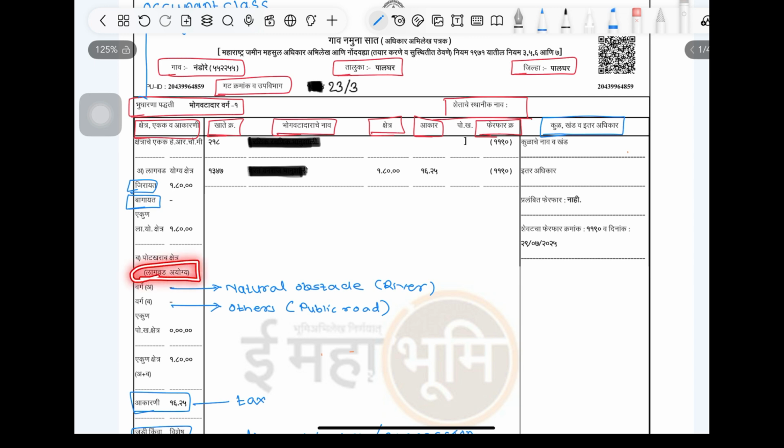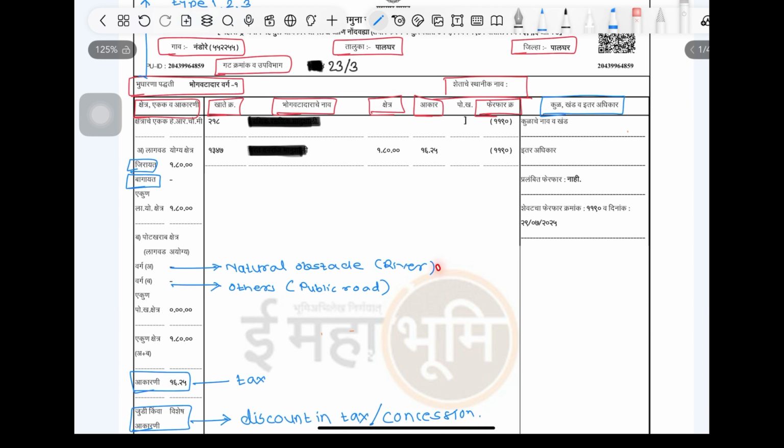It also has 2 types, A and B. A in the sense if the river passes through your land, this will be considered a wasteland. Another, if the road is passing through your land, then this will be considered in the class Varga B. They are different. The list is exhaustive. This is all given in the Maharashtra Land Revenue Code of 1966.